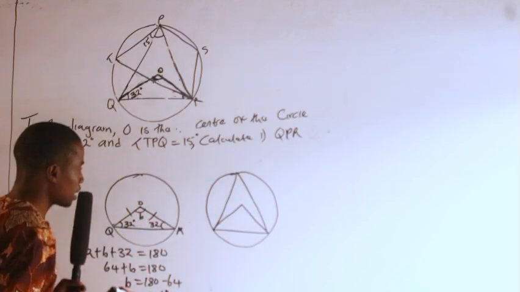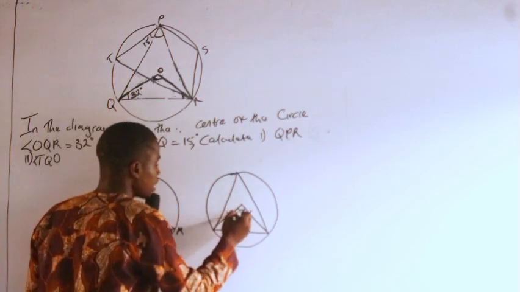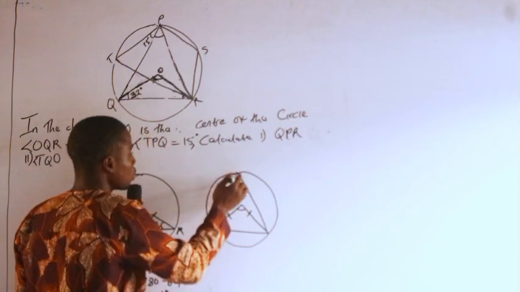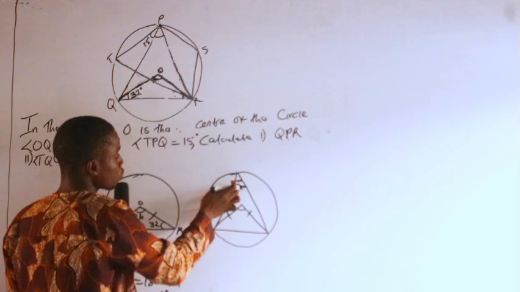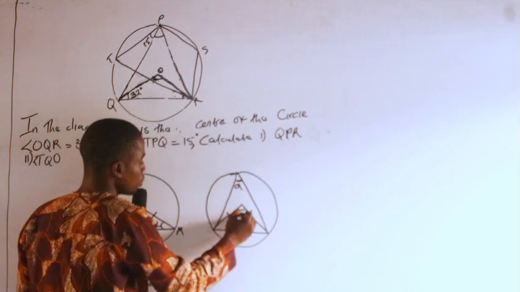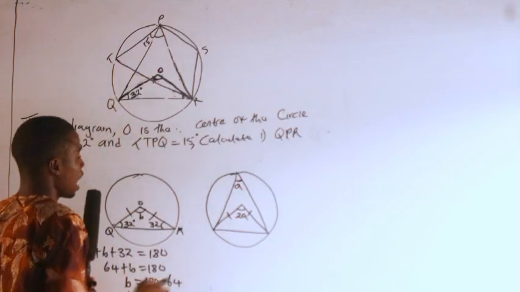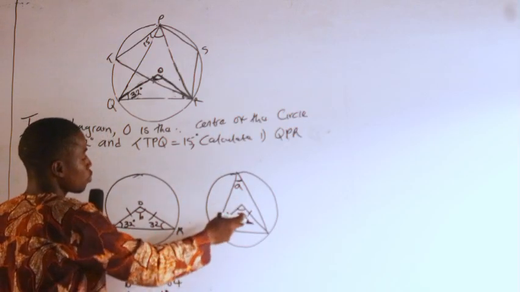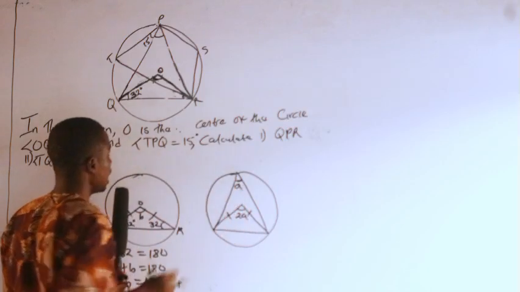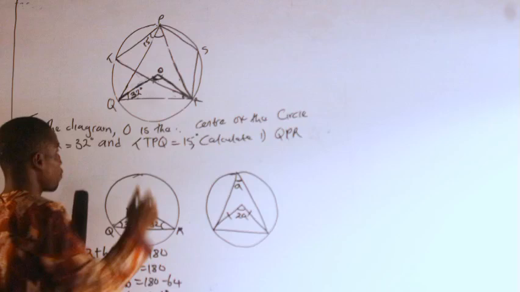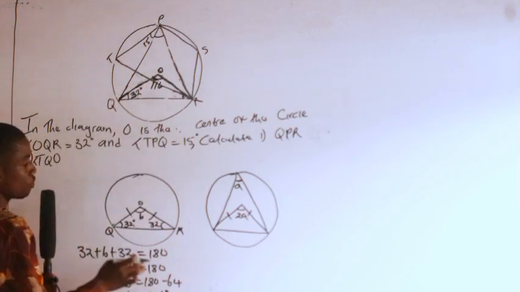If this place is A, then twice this one will give us this. They have already given us 116 here, which we have already solved.